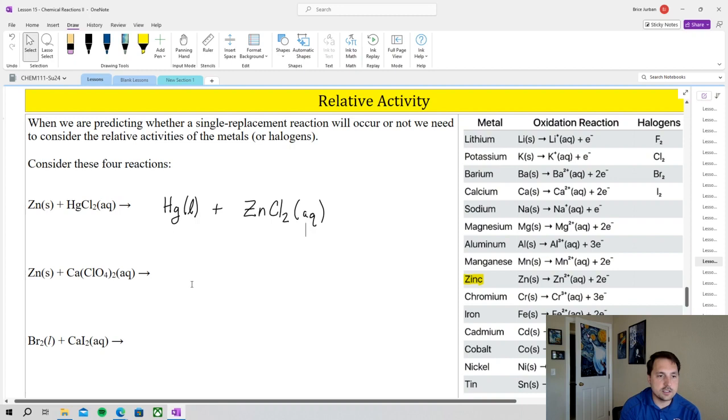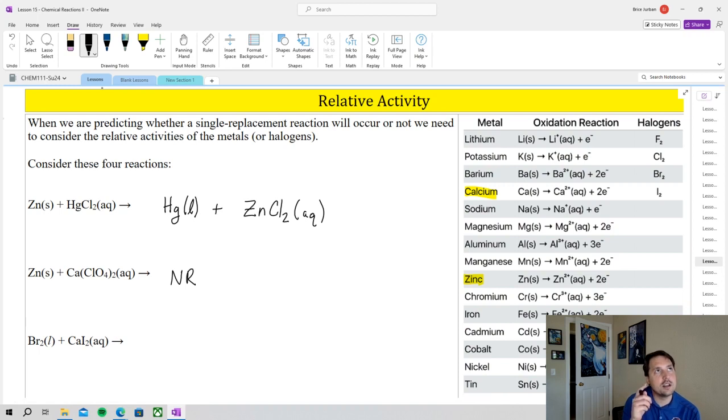Now, if I look at the next example, here I have zinc again, but we have calcium. And calcium is a more active metal. So you cannot replace a more active metal with a less active metal.